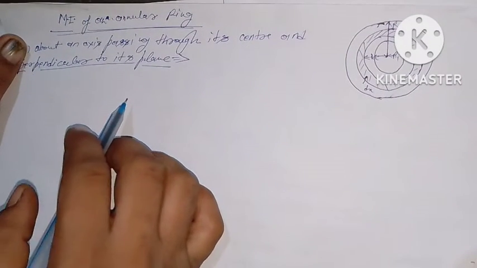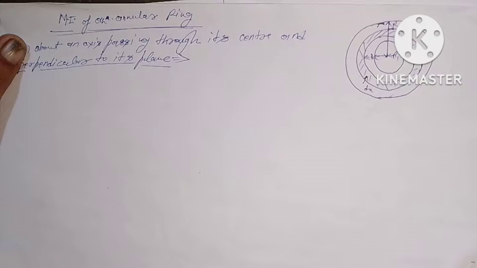So an annular ring or an annular disc is an ordinary disc having a concentric circular hole in it.